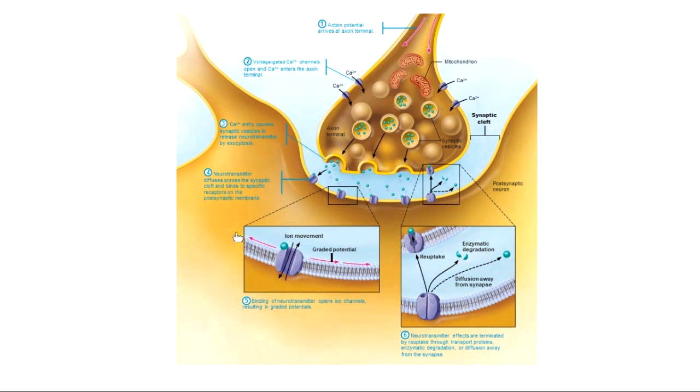This picture shows me what happens at the region of a neuron called the axon terminal, or what was called in lab the synaptic knob. It's the same thing. So this is where one neuron is meeting with, or synapsing with, another neuron.